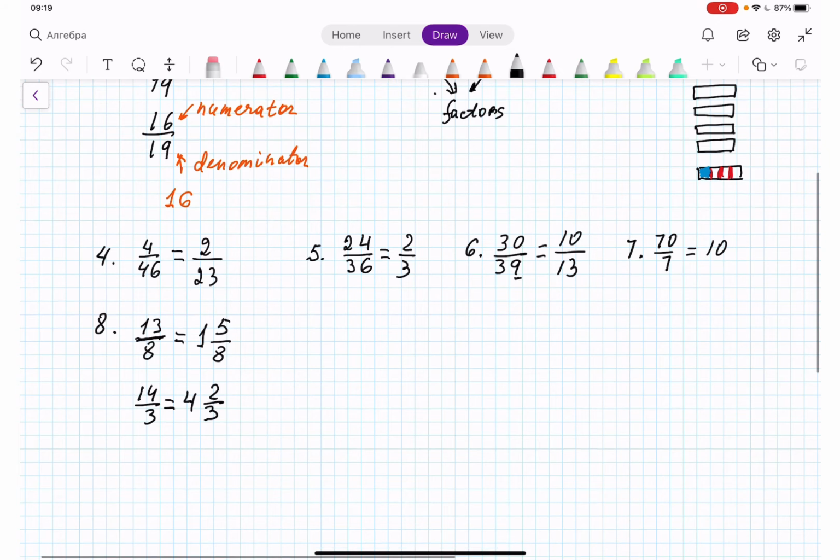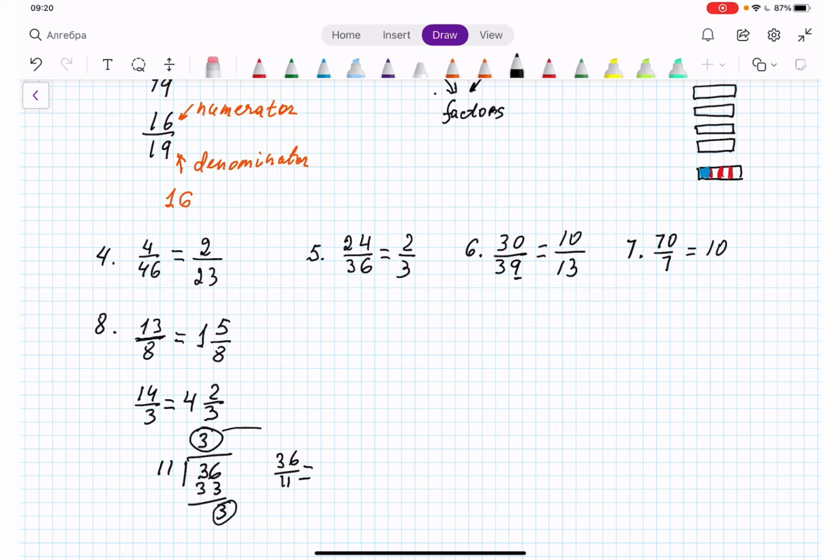Let me do it this way. 36 divided by 11. It's going to be 3 times, right? 33. The remainder is 3. So this remainder goes to the numerator. So 36 over 11 is equal to 3. It didn't come out good. Both of them are 3.